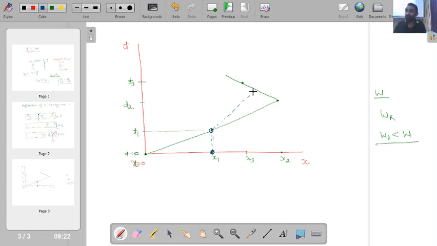Because it is moving behind the wave, it is moving slower in comparison to the wave. Ultimately, at some time it finds that a reflected wave is coming. This is the location where the reflected wave has come.